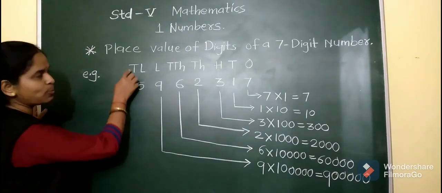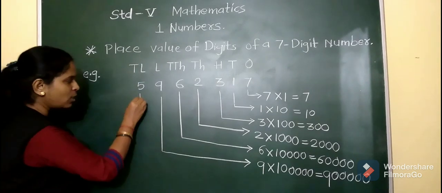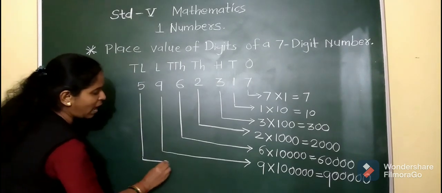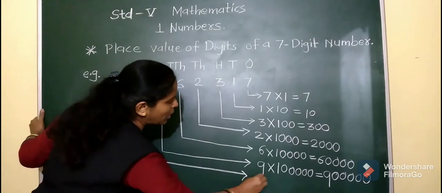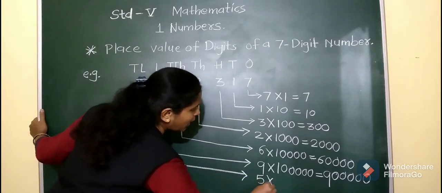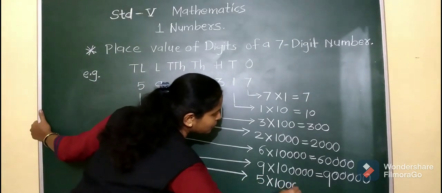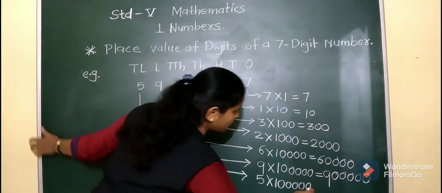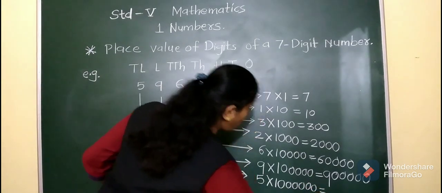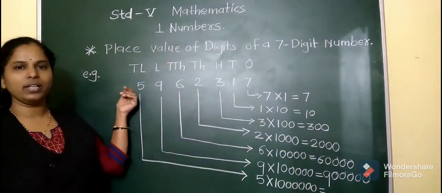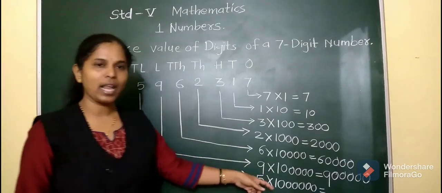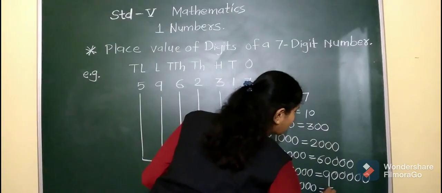It is at 10 lakhs place, so we multiply 5 by 10 lakh. 5 into 10 lakh is 50 lakh.